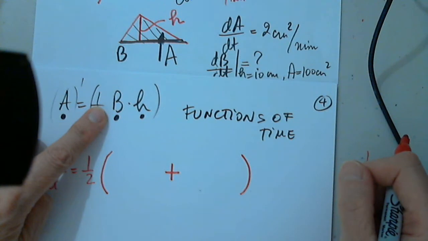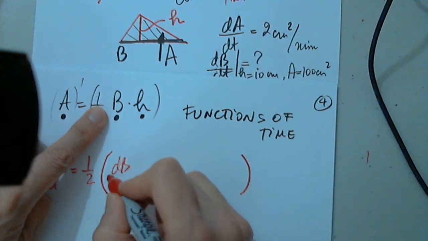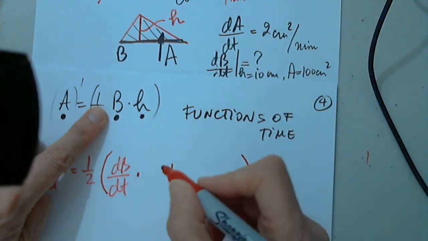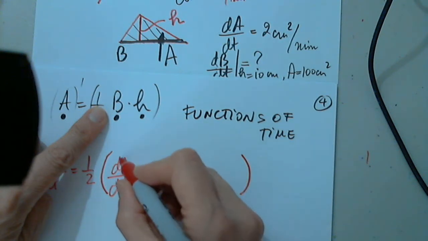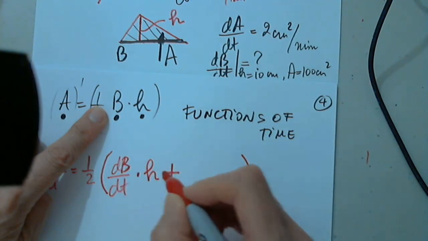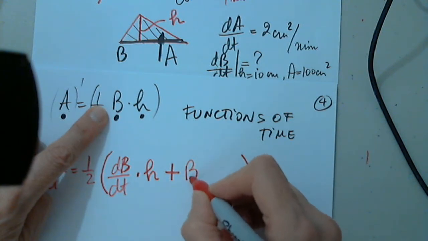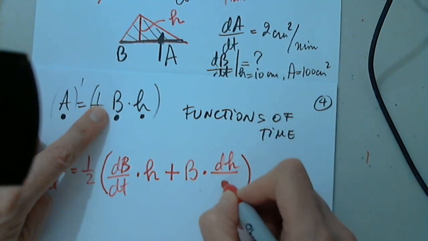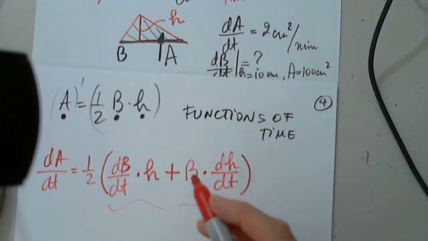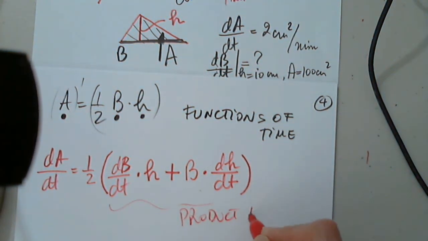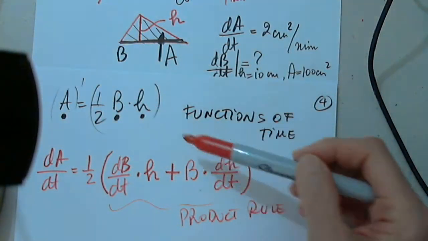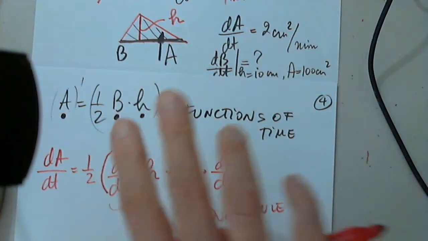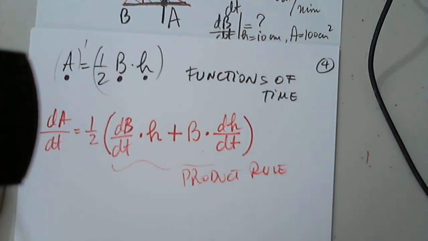You got your hint, dB over dt times b. Product rule: first function prime times the second plus the first times the second. If you're using it reversed, it's fine. No mistake.